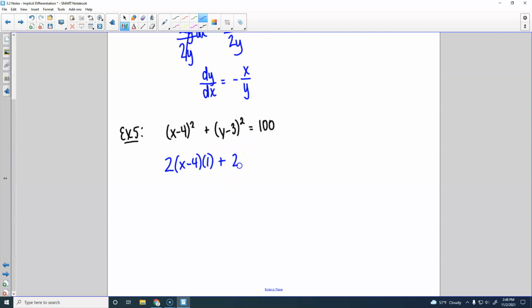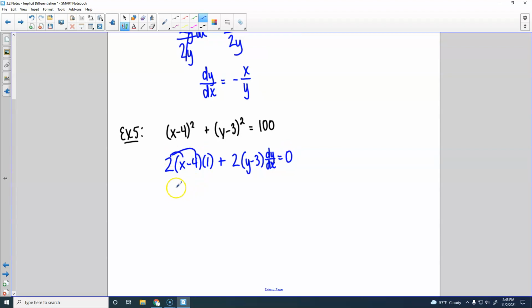Plus 2 times (y minus 3) to the first power. You could go ahead and distribute if you want. And times the derivative of y minus 3, what is that? dy/dx, since it has a y with it. And derivative of 100, 0.